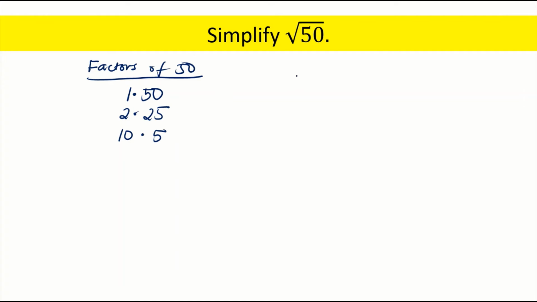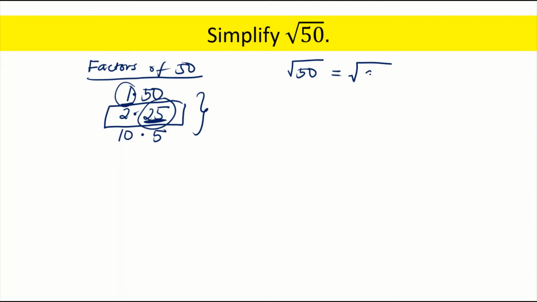If none, let us now simplify square root of 50 by getting the factors that have a perfect square number. In our list, the perfect square numbers we got are 1 and 25. The highest perfect square number of the two is 25. Therefore, the factors of 50 we will use are 2 times 25.